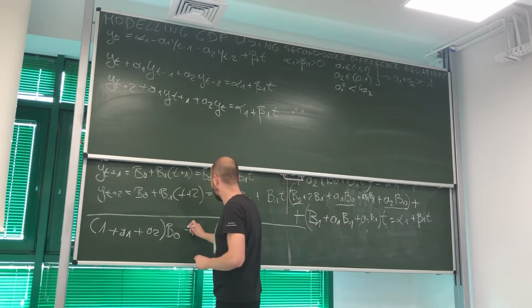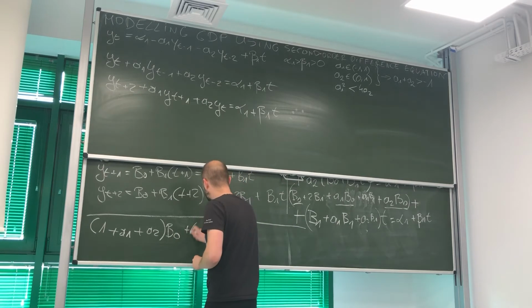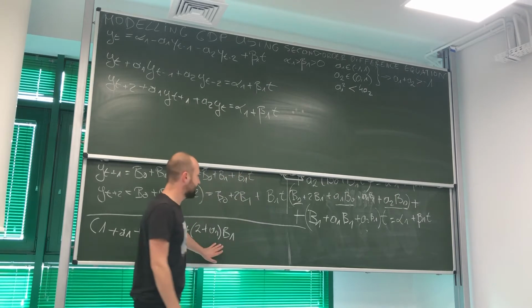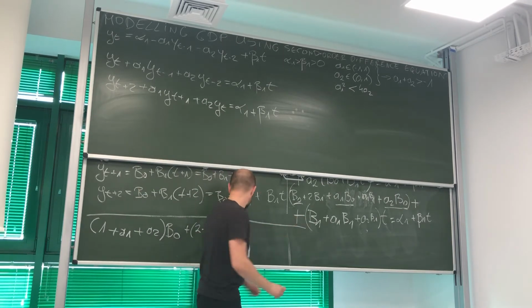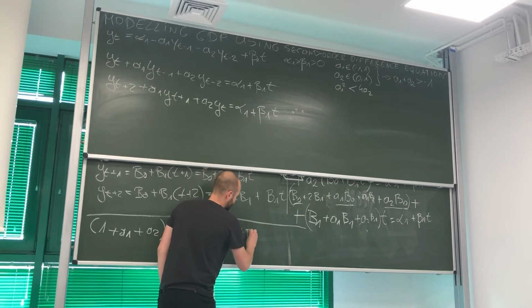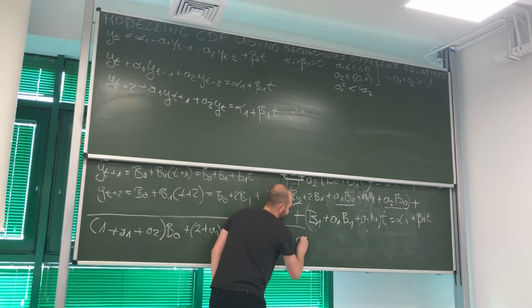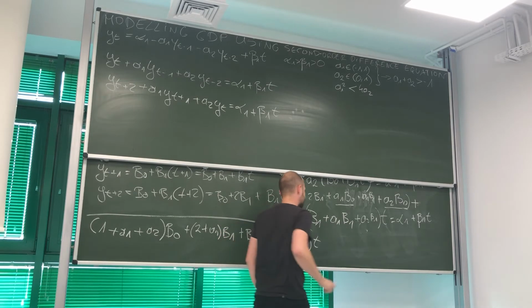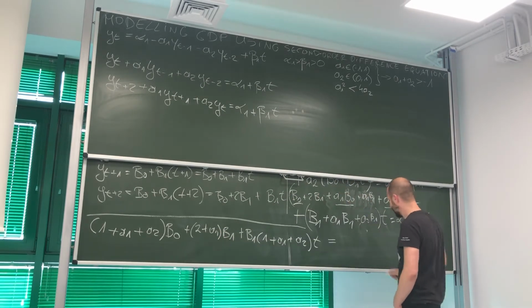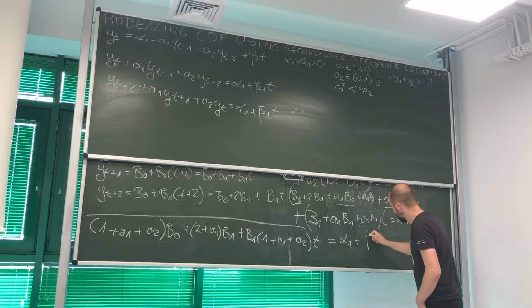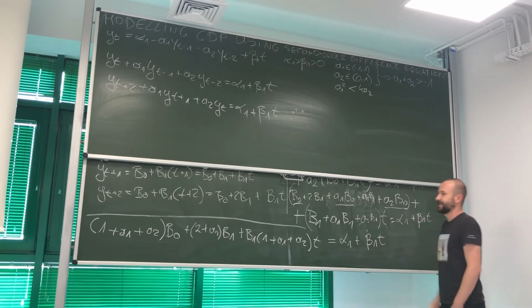So we will have here plus 2 plus a1 b1. Okay, and then of course we can simplify this further because we will have b1 1 plus a1 plus a2 t. And we've got that this is equal to alpha 1 plus beta 1t.